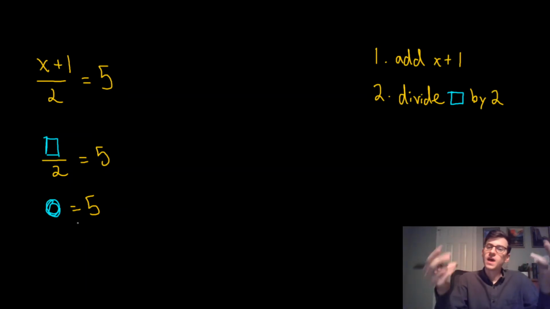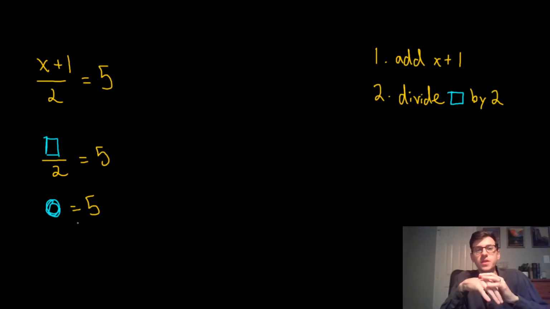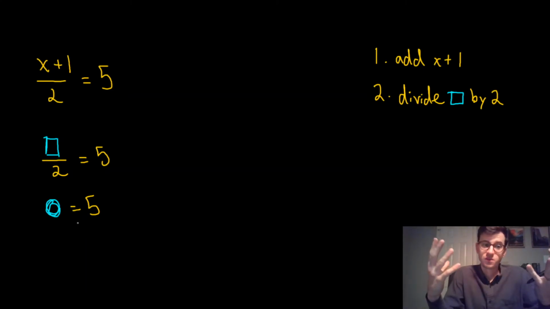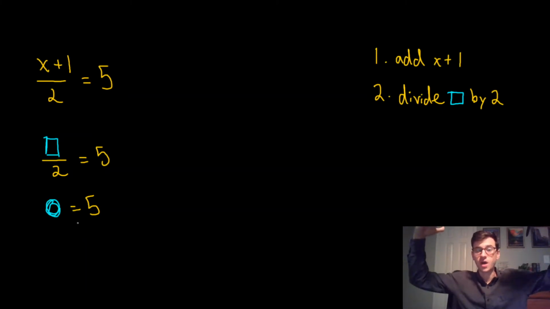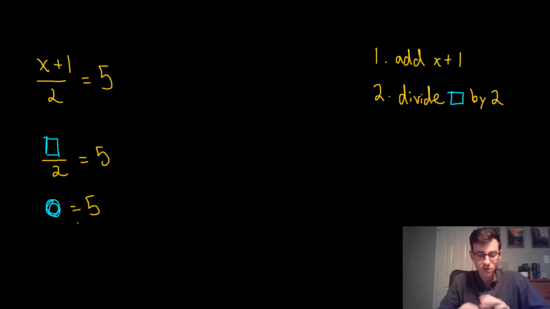So sometimes in solving these problems, it's helpful to think in reverse, right? That's the way that we would have done it if x had been a number. But in order to find x, I need to reverse those operations. So let's think about what it would look like if I reversed the operations here.